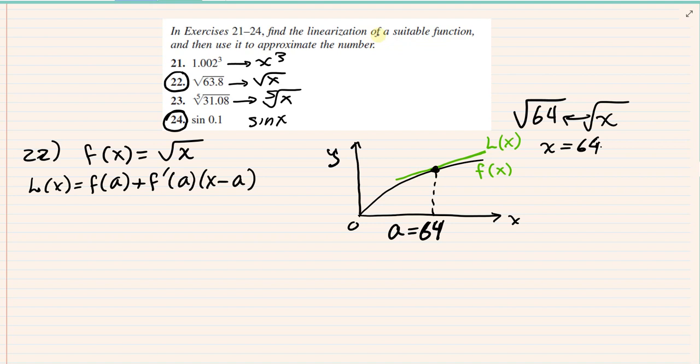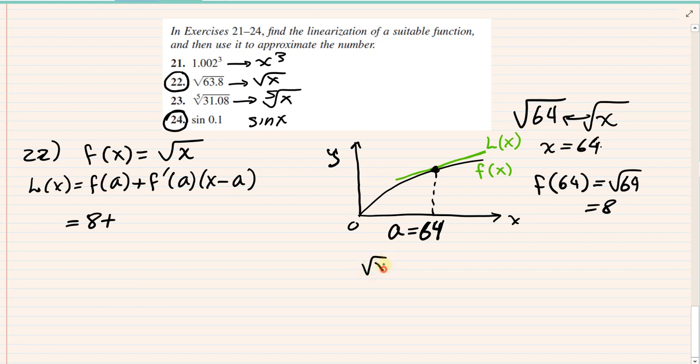So what do I need to do here? I need to find f at a, don't I? So let's do that. F at 64, that's what a is. That means the square root of 64, that's 8. So I'm going to write this as 8 plus f prime. I didn't do f prime.